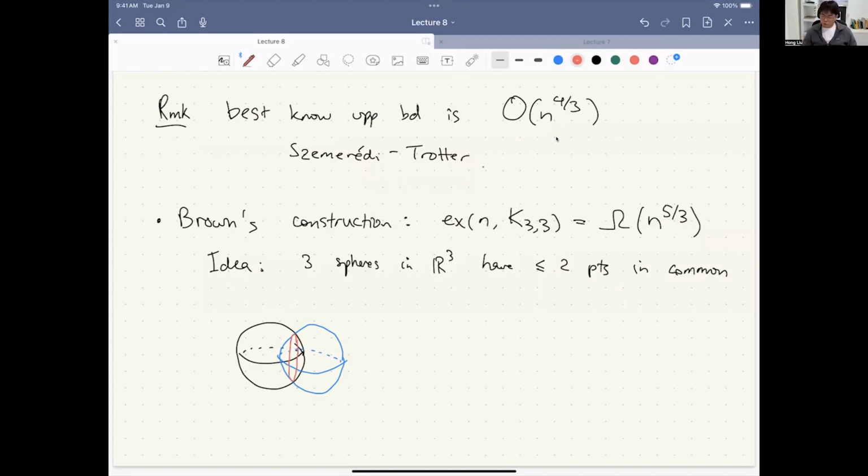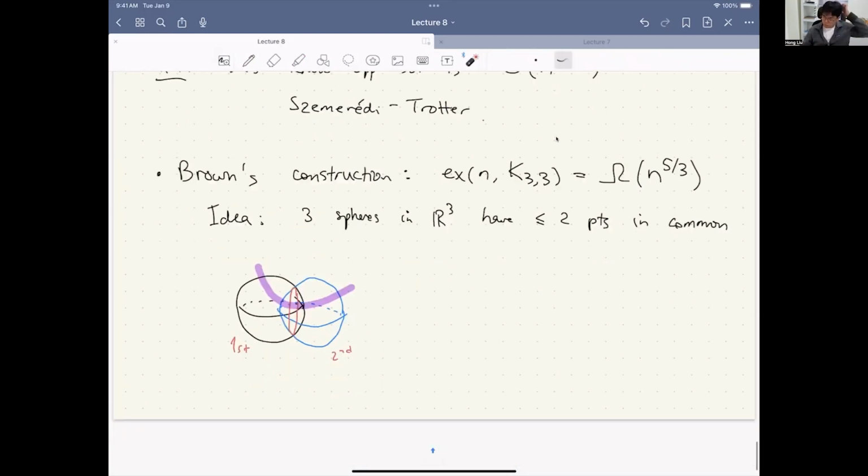Now you have a third sphere going across. So this is the first one, second one, and you have the third one, purple. Going through, you only intersect at these 2 points.